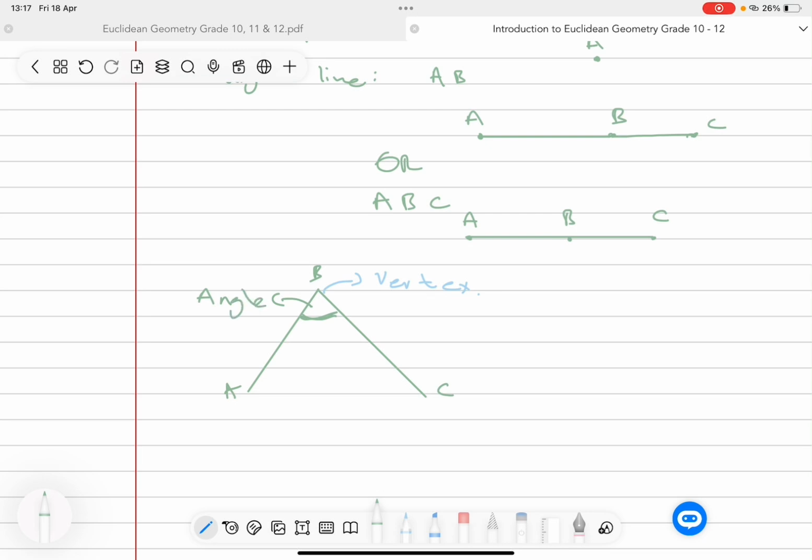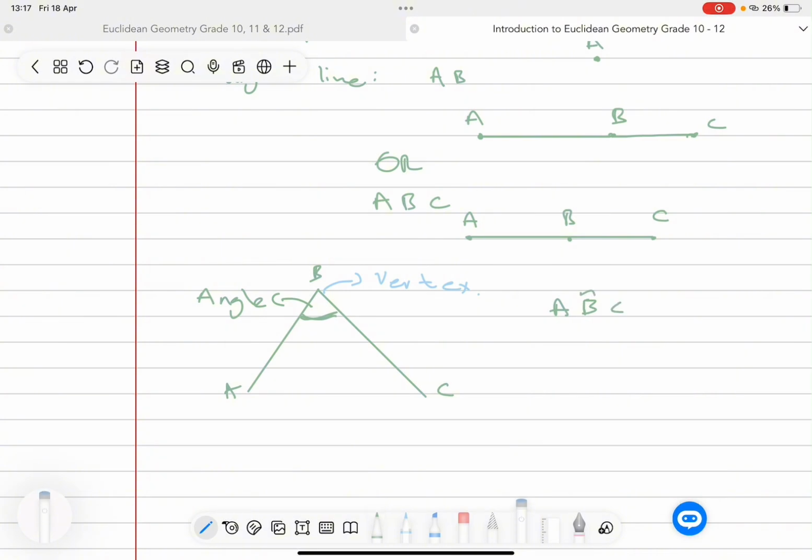The important thing that then catches our attention is how do we represent angles? How do we write them down? Well, here we can write it as angle ABC.